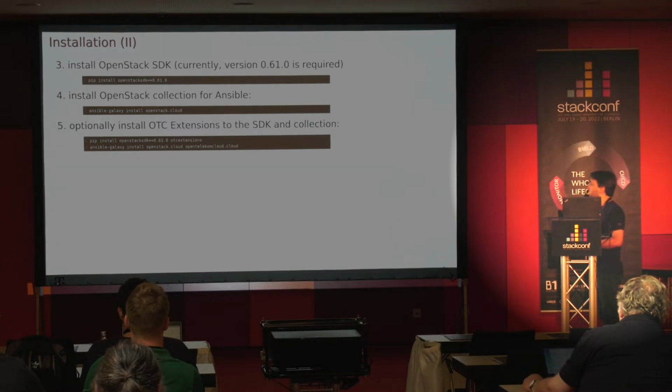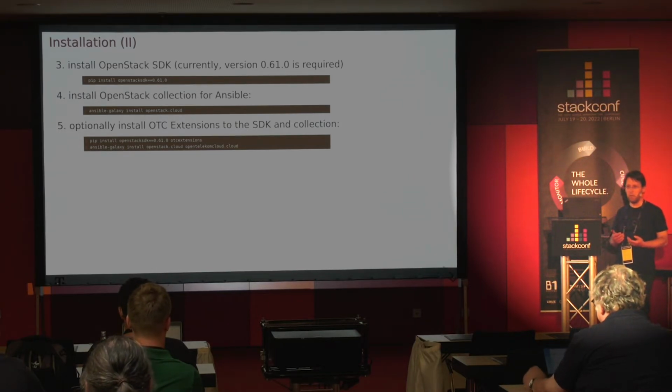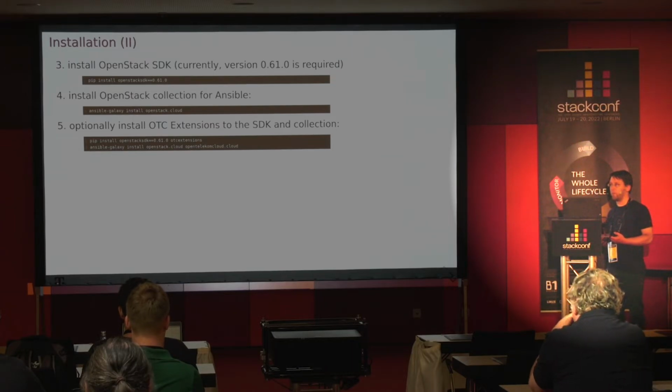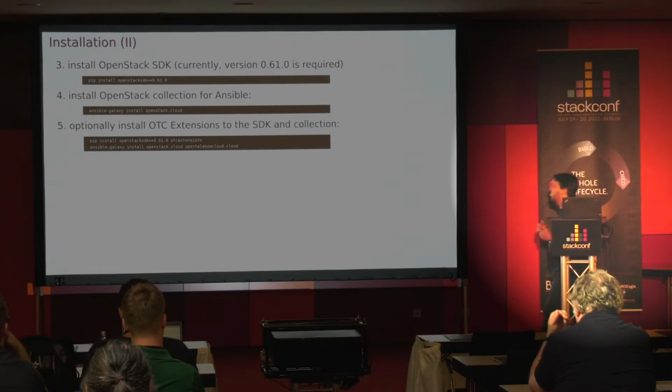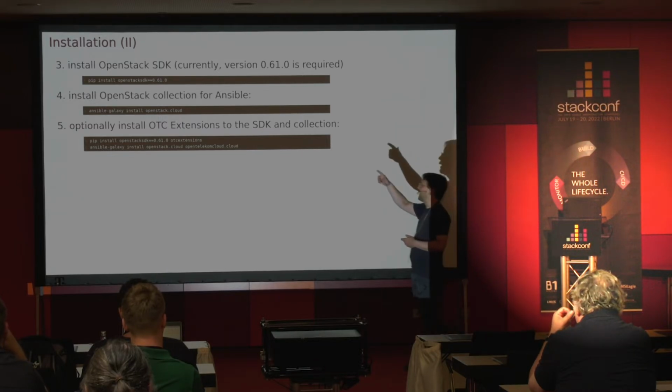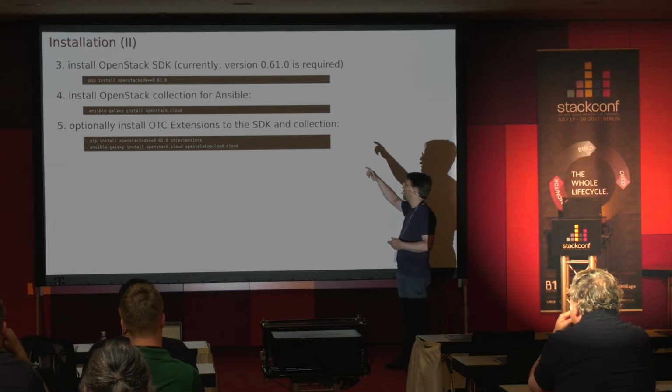Then I installed the OpenStack SDK for the mentioned reasons. And this is a little bit awkward, I have to admit. At the moment, the maintainers of Ansible, most of them employed by Red Hat, are rebuilding the internal structures of some of the Ansible collections, and that's why the easiest way is to stick at OpenStack SDK version 0.61.0.